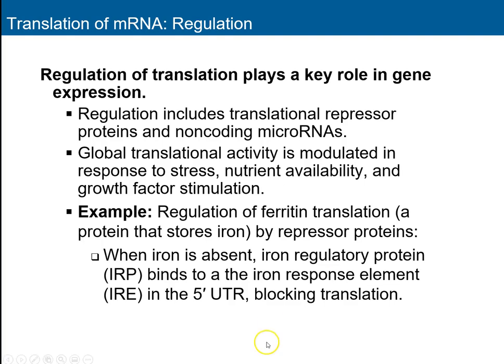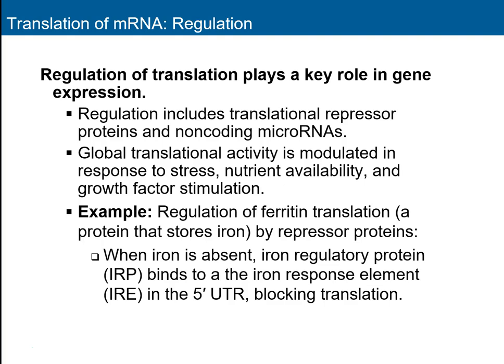One example of regulation is regulation of ferritin, a protein that stores iron. This is an example of regulation of translation of a specific protein by repressor proteins. When iron is absent, an iron regulatory protein called IRP binds to something called the iron response element in the 5' untranslated region of that mRNA, and it will block translation.